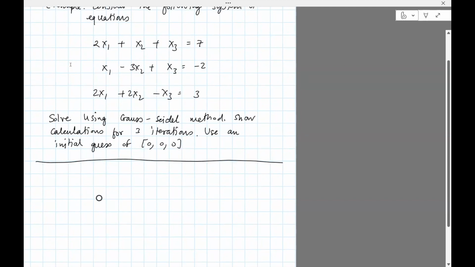Okay, the first step for a problem like this is to solve for x1, x2, and x3, like write an equation, so that we can do the iterative process. So let's write that. So first we'll write an equation for x1.